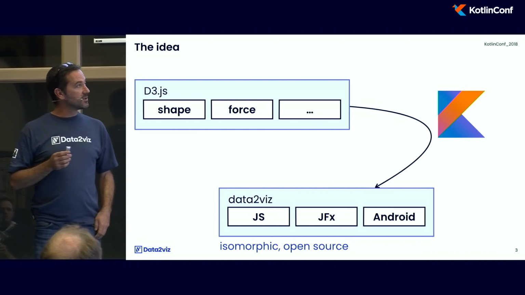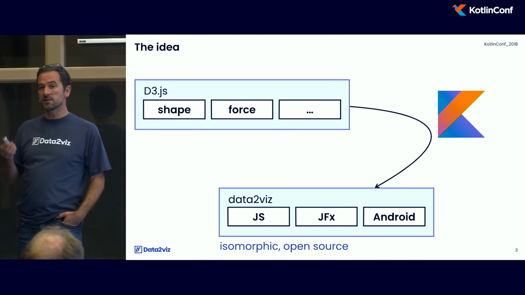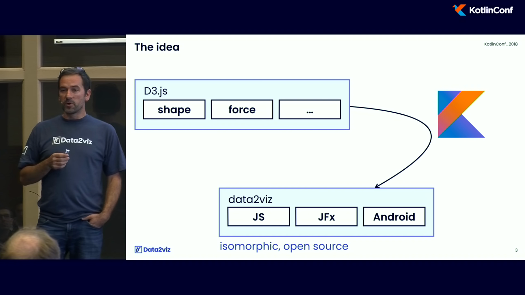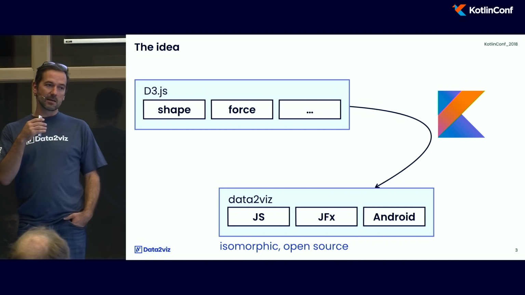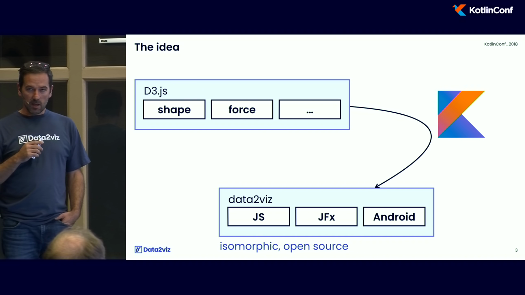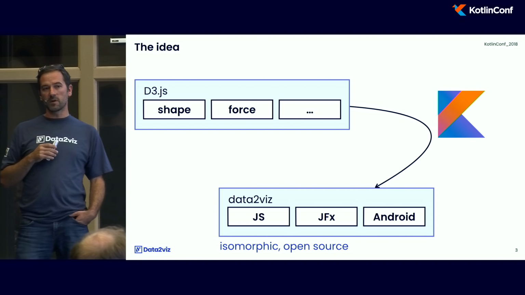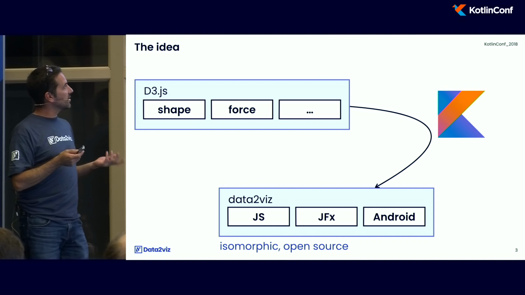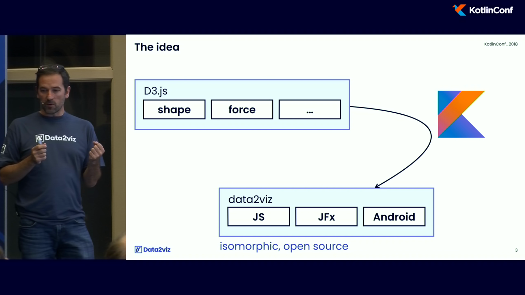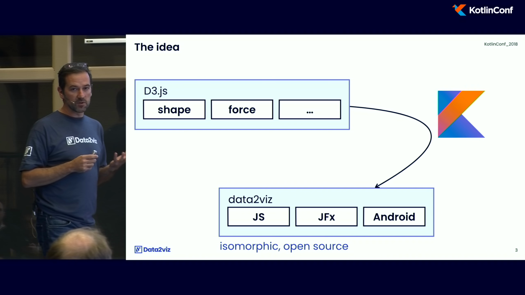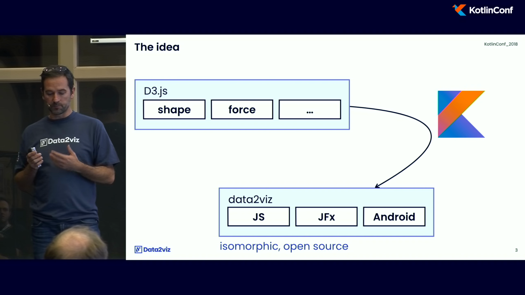I knew D3.js and its ability of creating amazing visualizations, but I also faced its complexity and its steep learning curve. And because I also knew Kotlin for quite a long time now, I think it would be a nice opportunity to mix the algorithm of D3.js with the language features of Kotlin.